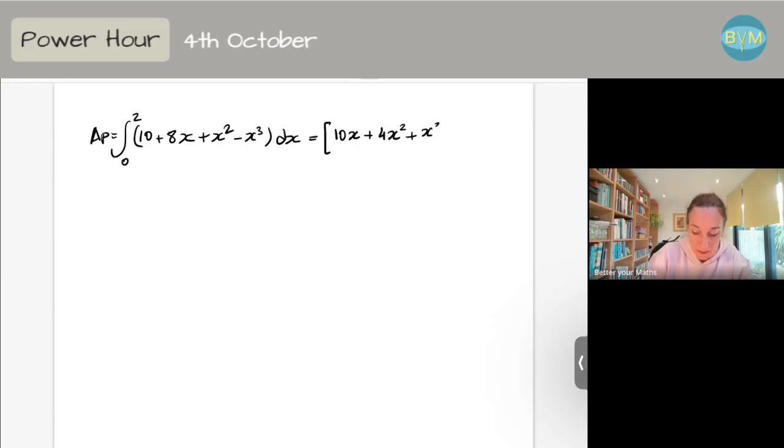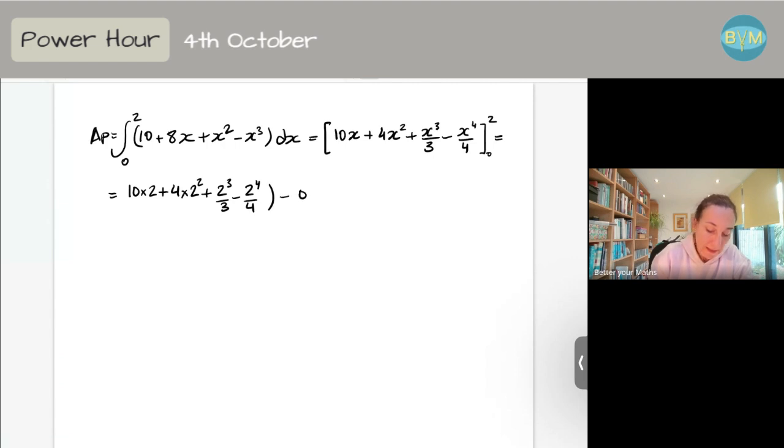Then x cubed divided by 3, and x to the power of 4 divided by 4. And then you write the 0 and the 2. Substitute the 2, so you have 10 times 2 plus 4 times 2 squared plus 2 cubed divided by 3 minus 2 to the power of 4 divided by 4. And then everything else is 0. And now you write your number.